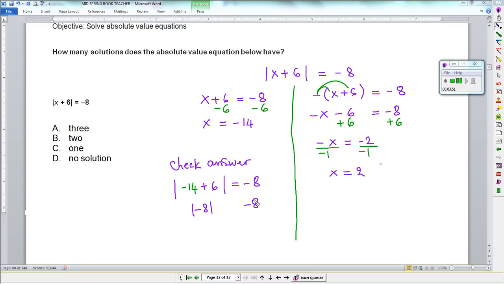The absolute value of negative 8 doesn't equal negative 8, because absolute values always give us positive. So the absolute value of negative 8 is just 8, and 8 does not equal negative 8. So we can conclude that x equals negative 14 is not a solution.